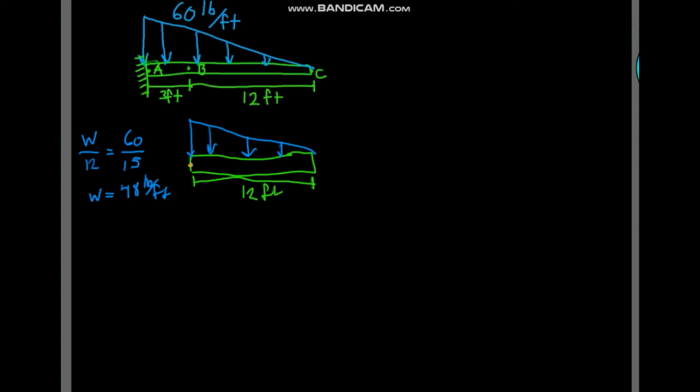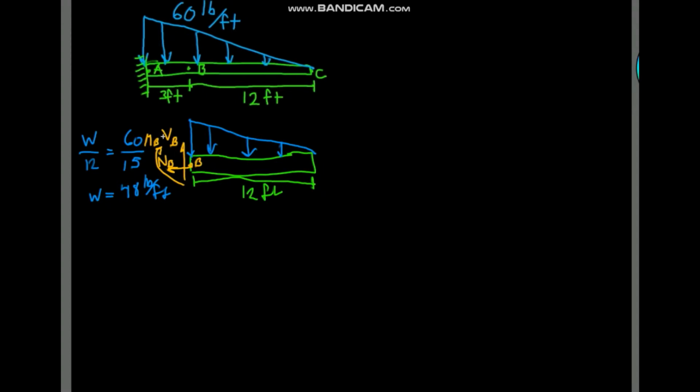Later on, we'll have some other forces in there, but we're not worried about that for now. So we'll do the normal force here, N sub B, the shear force, V sub B, and the internal moment, M sub B.